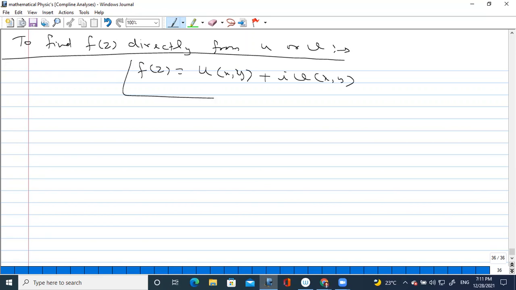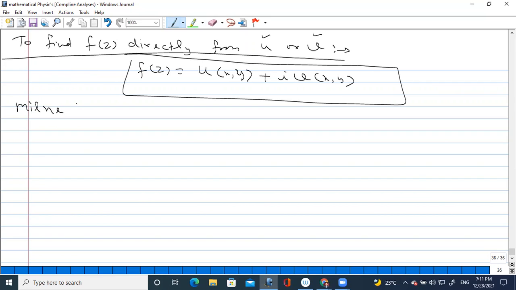This I want to find directly. If either u is given or v is given, this is our problem. This method is named as Milne-Thomson method. This method you have to use directly.